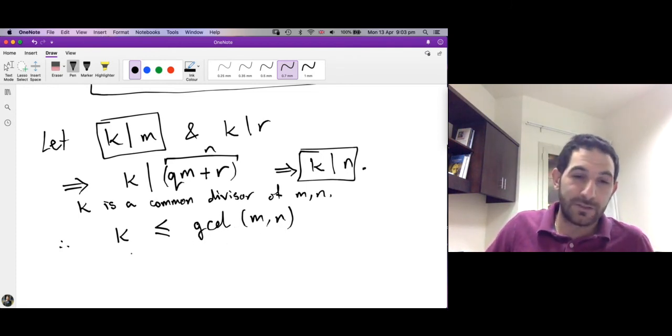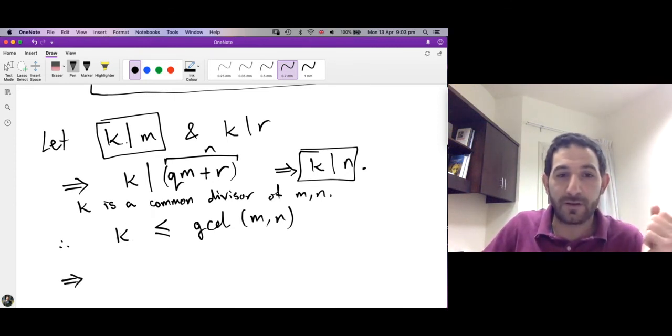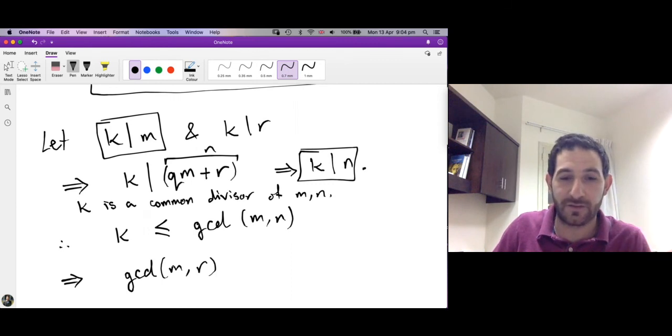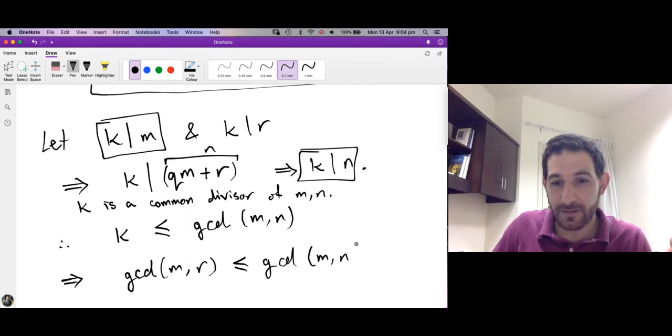Okay, but K was an arbitrary common divisor of m and r. In particular, the greatest common divisor of m and r could be one possibility of K. So the greatest common divisor of m and r is a common divisor of m and r, and from here we know it's less than or equal to the greatest common divisor of m and n.